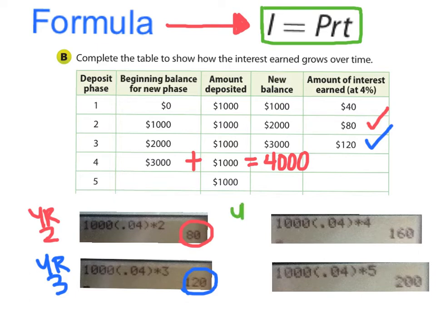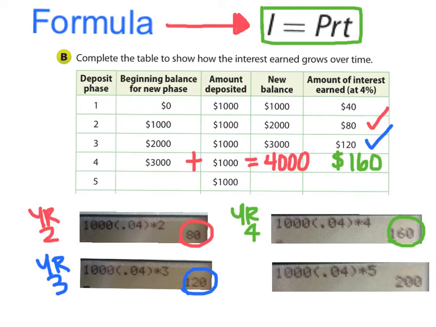So this is year 4. When we look at this, I'm doing my formula. I have the original amount, or the principal, still times the interest rate, 0.04 as a decimal, times now I'm in year 4. It says it should be $160. So I'm going to write that in, $160.